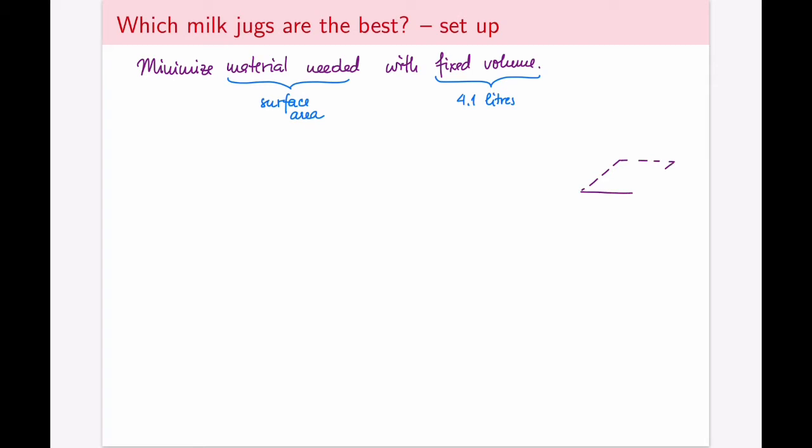In the Canadian jug, we can notice that this shape is generally much more cube-like, and in the American jugs, it's a lot more elongated height-wise.